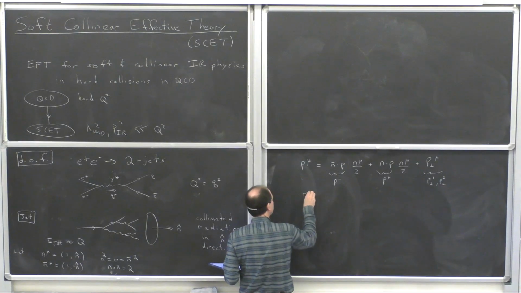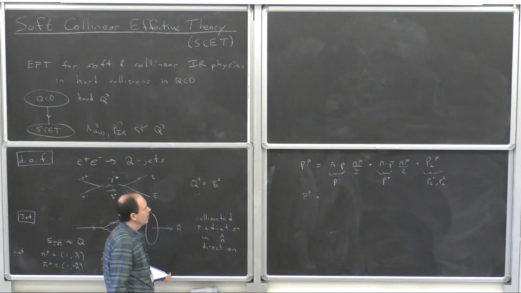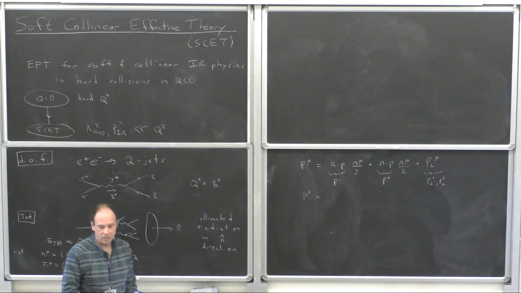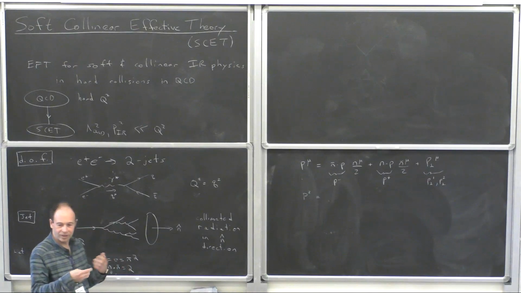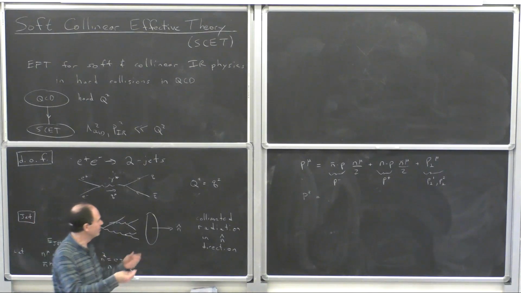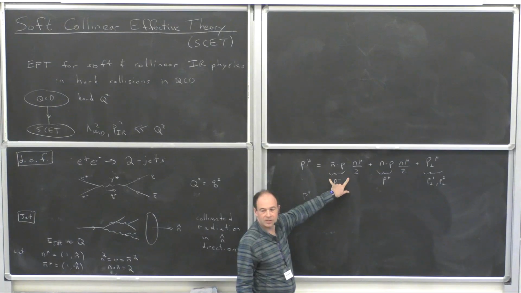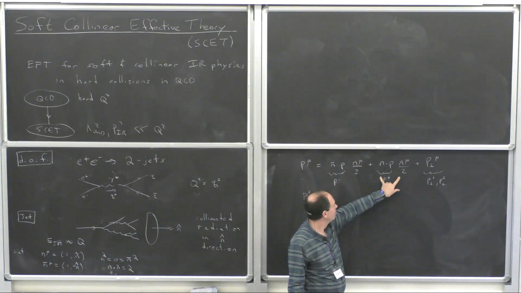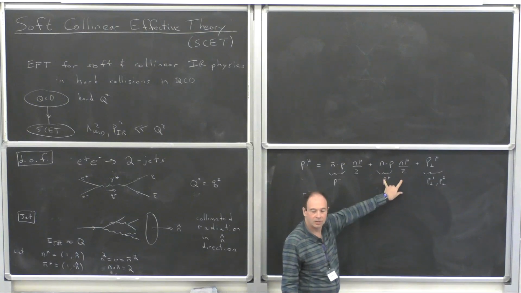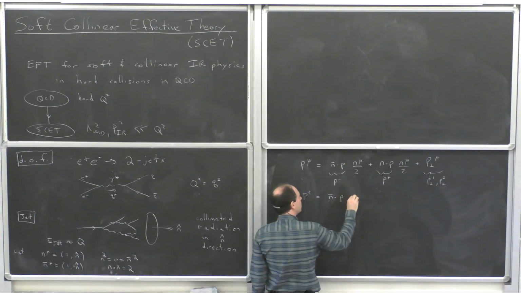Let me also square the p. When I square the p, it's not like Euclidean coordinates. When you square p in Euclidean, you get p0 squared minus px squared minus py squared minus pz squared. Here, when you square this term, n squared is 0. And when you square this term, n bar squared is 0. But the cross term is not 0. And so what you're actually getting is n bar dot p times n dot p.